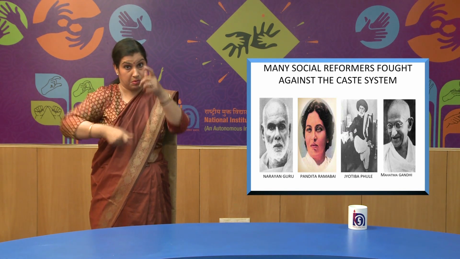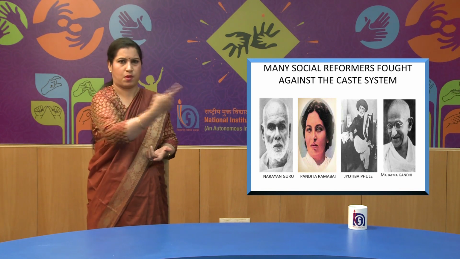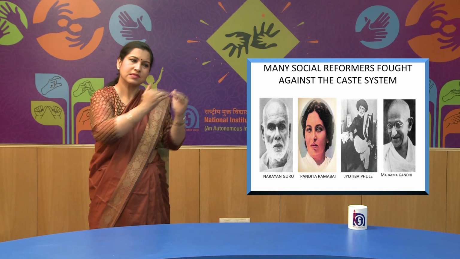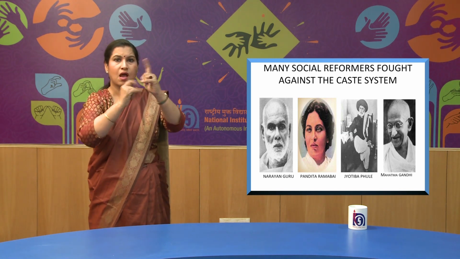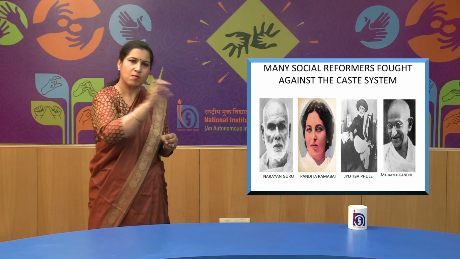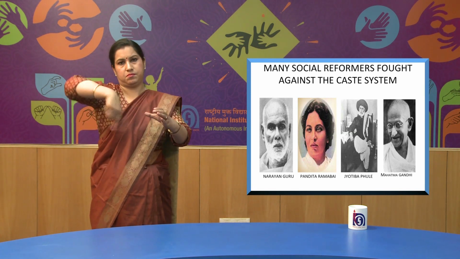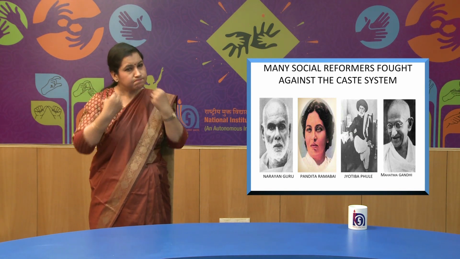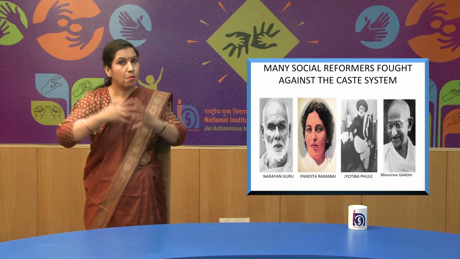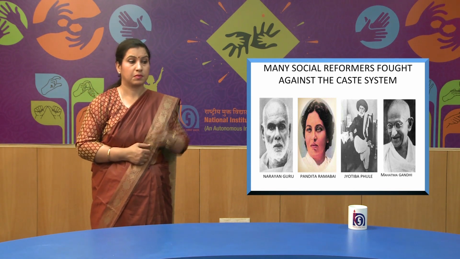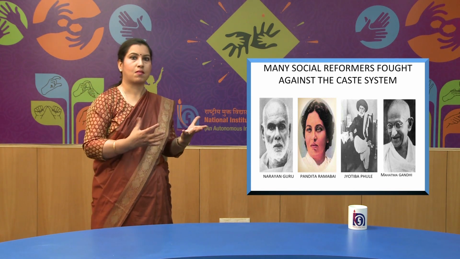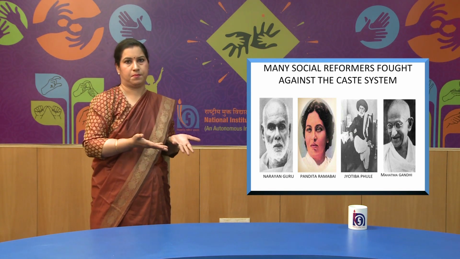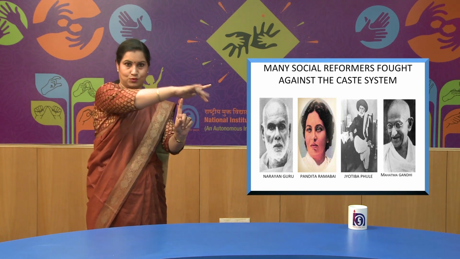These reformers told people that everyone was equal before religion and caste system was against the basic rule of humanity. Due to efforts of these social reformers, people came to respect each other and social equality could be achieved.